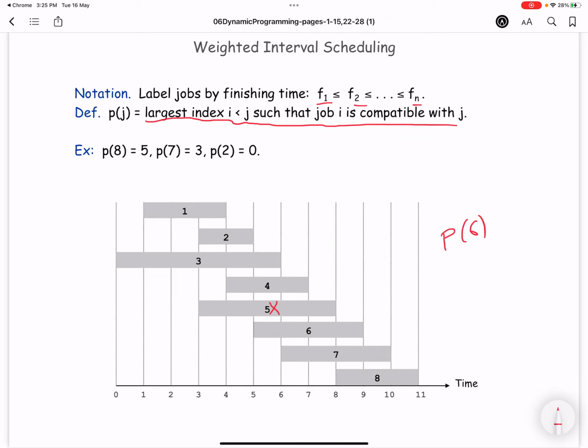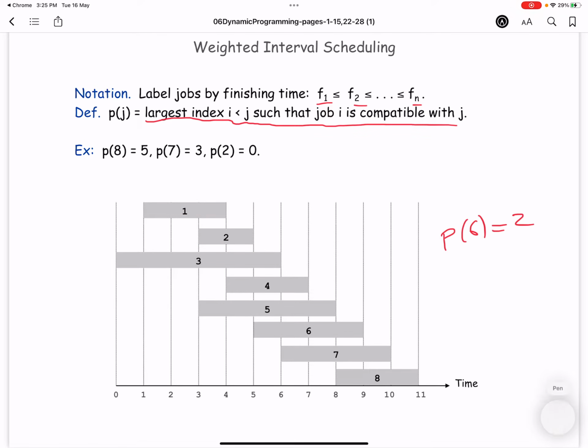This job is not compatible. This is not compatible. This is not compatible. These two jobs are compatible. Okay, I will select the largest index. Which one is larger, 1 or 2? 2. So the largest index is 2. This is P6.